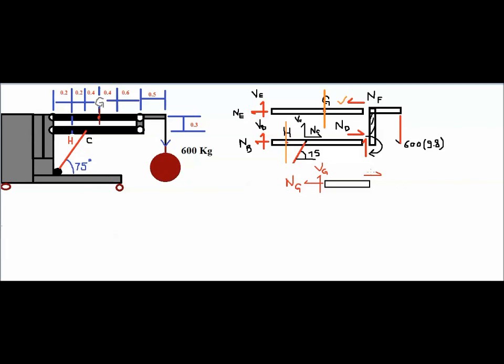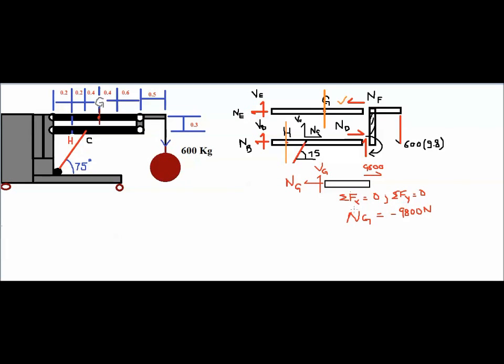So VG and NG, and we know this force to be 9800, and since it is acting in the positive x direction, when you do the summation of Fx equal to 0 and summation of Fy equal to 0, you find out that NG plus 9800 should be equal to 0, and 9800 is positive, so you send it to the other side, and you get NG equal to minus 9800 newtons, right?